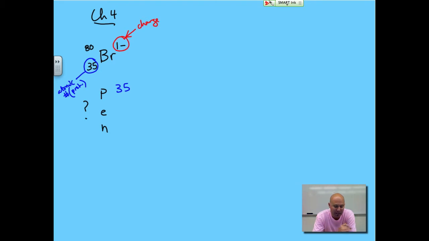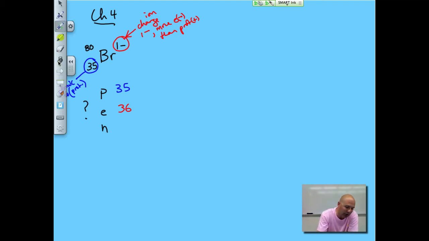This is an ion, and there's a charge, a 1 minus, which means there are more electrons than protons. If you get a 1 minus, you get more negatives. So there would be 36 electrons in this example.